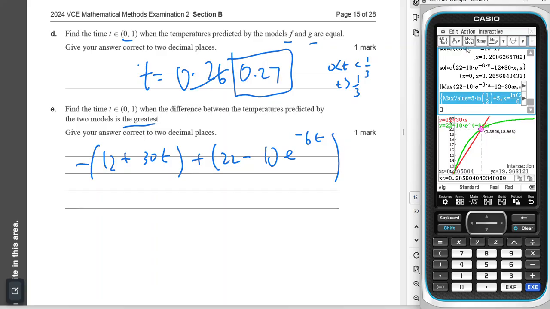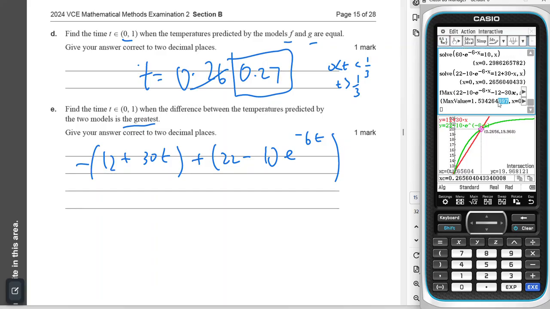And in decimal, I get the maximum distance is 1.5, and that's at x equals 0.11.